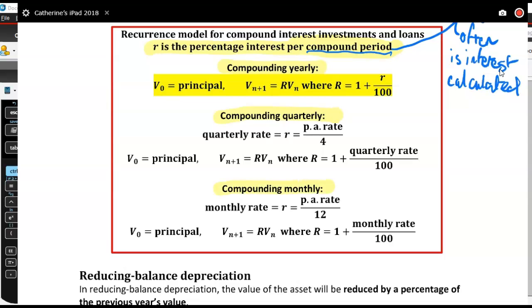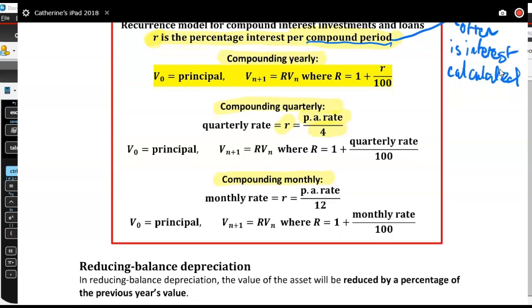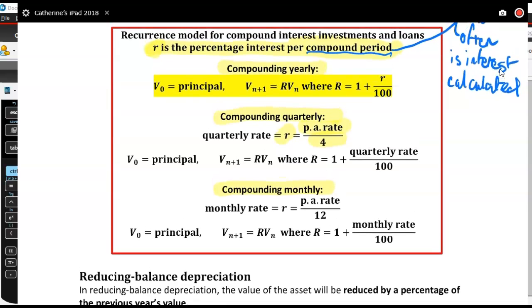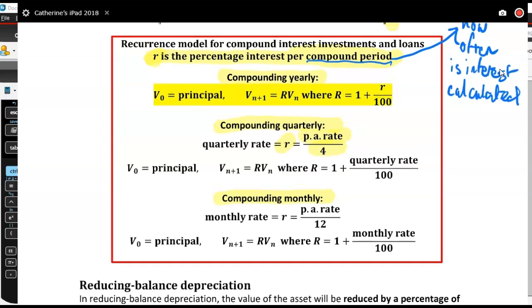So we get given our rate, our r. Usually they say it as the per annum rate. So when it's quarterly, we have to divide it by 4 because we're doing that calculation 4 times a year. So we've got to have that interest rate 4 times throughout the year.